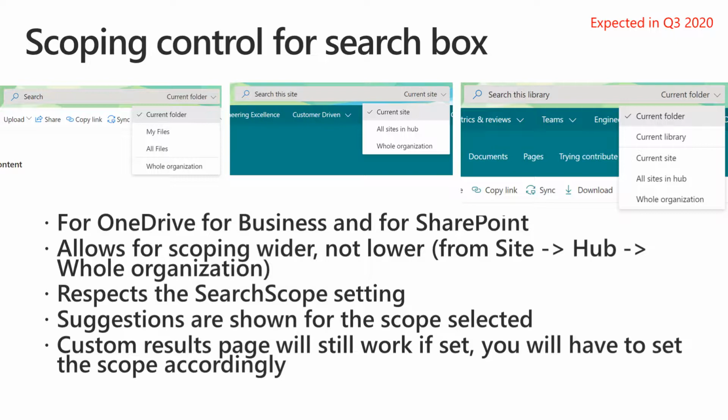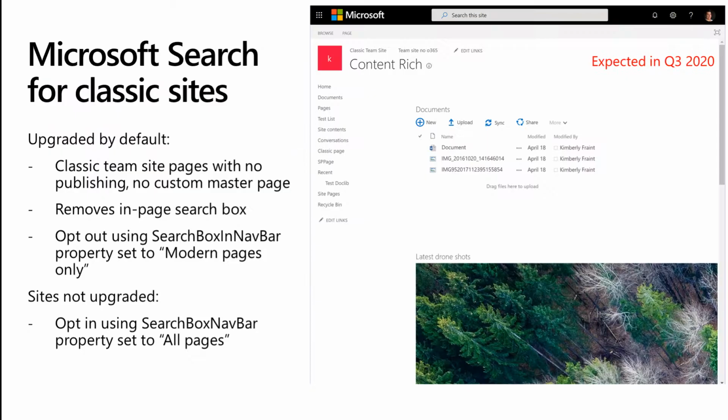All right, moving on. The other feature I wanted to tell you about is Microsoft Search for classic sites. This was expected in this quarter that we're in, but we're in June, and you may have been suspicious that you haven't heard that this was coming already.